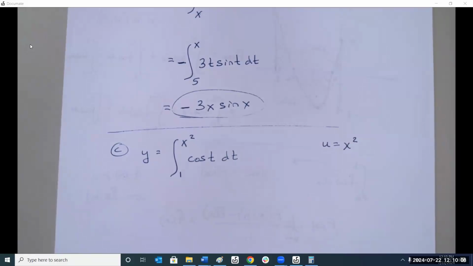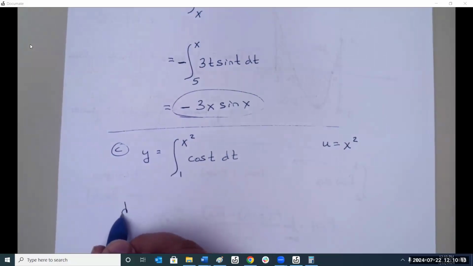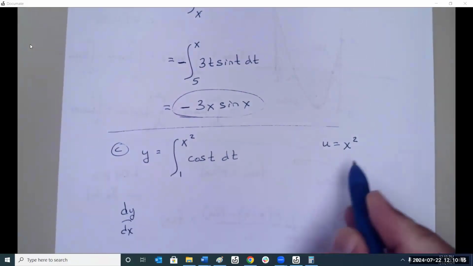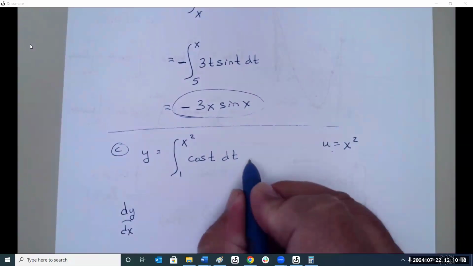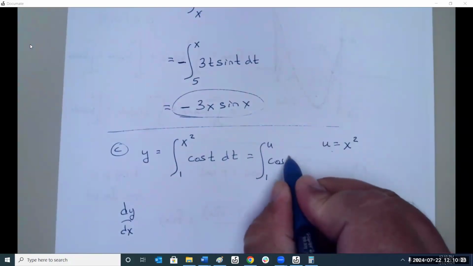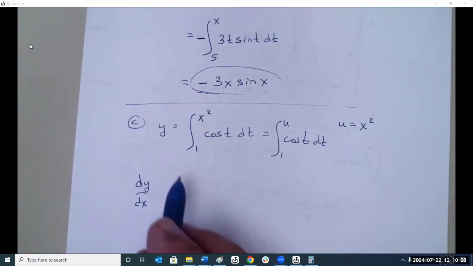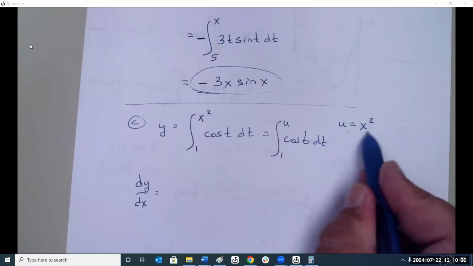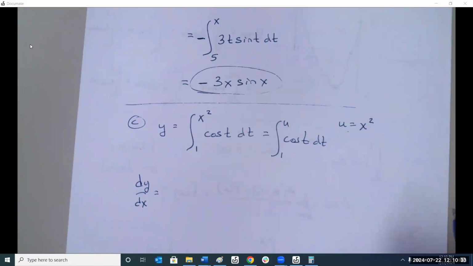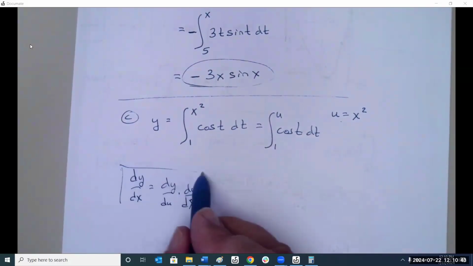Remember, we're taking the derivative of these. So in order to find dy dx, and I'm using u, because this is now 1 to u of cosine t dt. What's the derivative using u? It's dy du times du dx. We've got to use the chain rule.